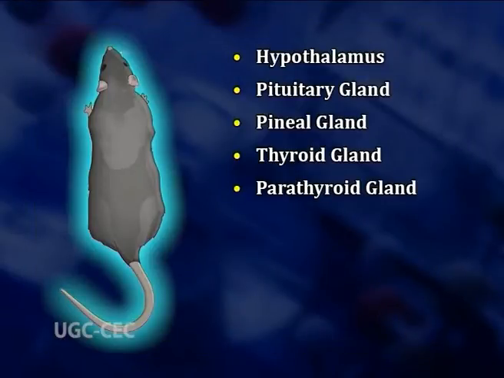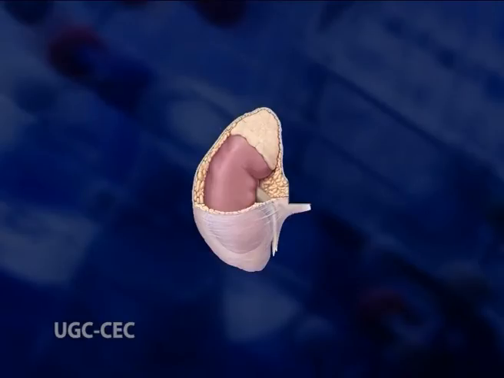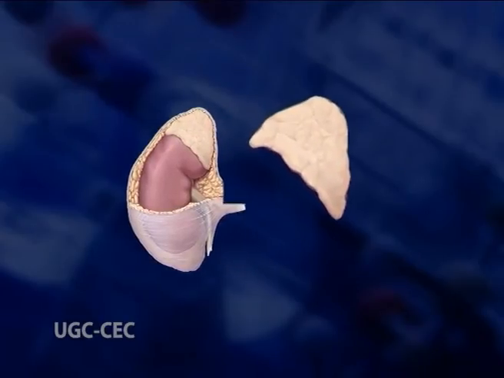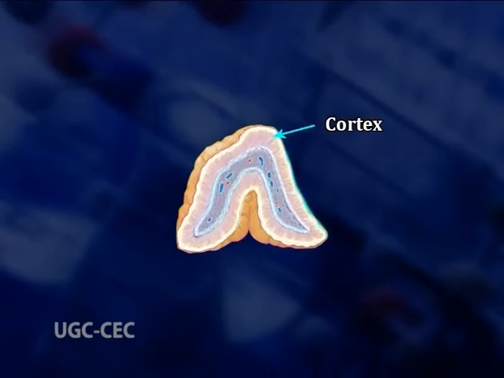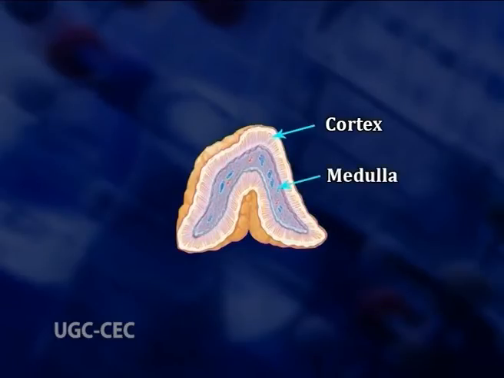Sixth gland is adrenal gland. In the rat, the adrenal gland are separate structure lying just anterior to the kidney. They have their own blood supply. Each gland has a cortex, that is outer region, and a medulla, that is inner region.